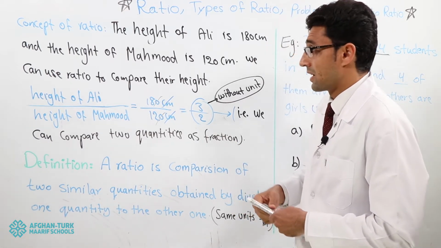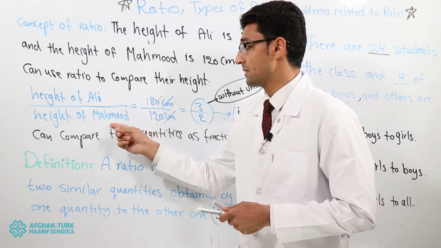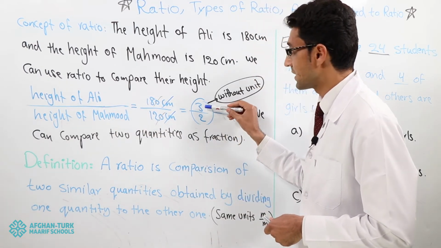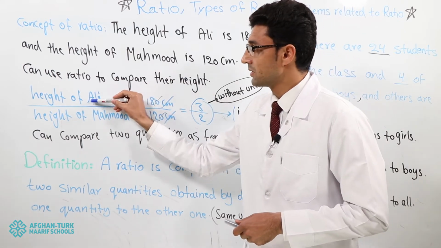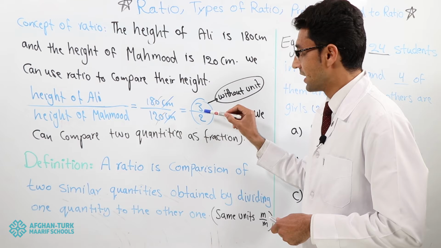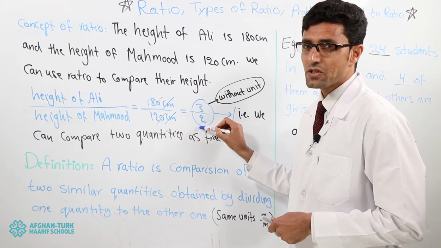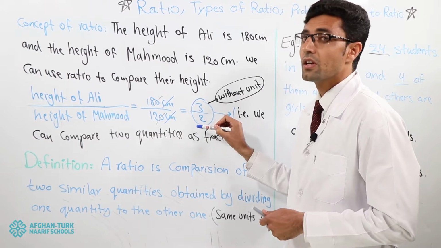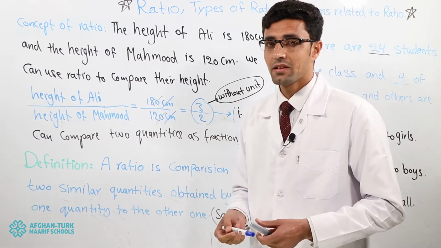Who is longer, or who has the greatest height between Ali and Mahmoud? The one who is at the top, the numerator. Who is at the numerator? Ali. Who is in the denominator? Mahmoud. By this fraction or ratio, we understand that Ali has the greater height.